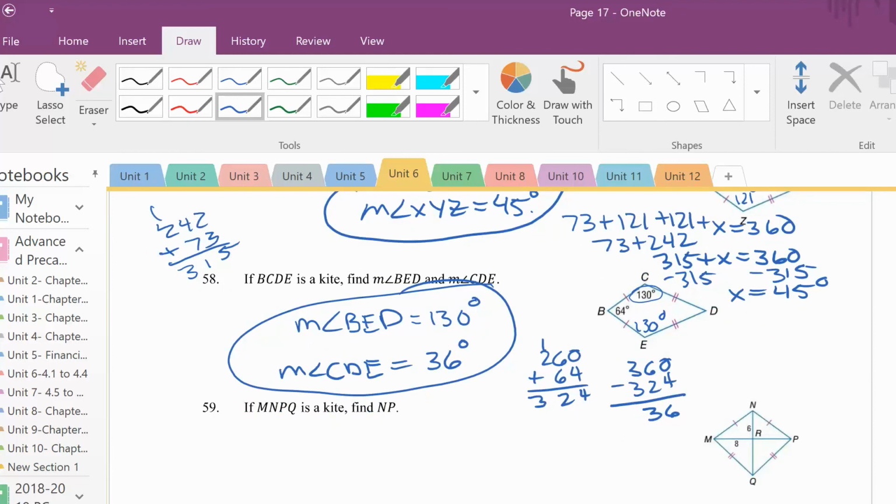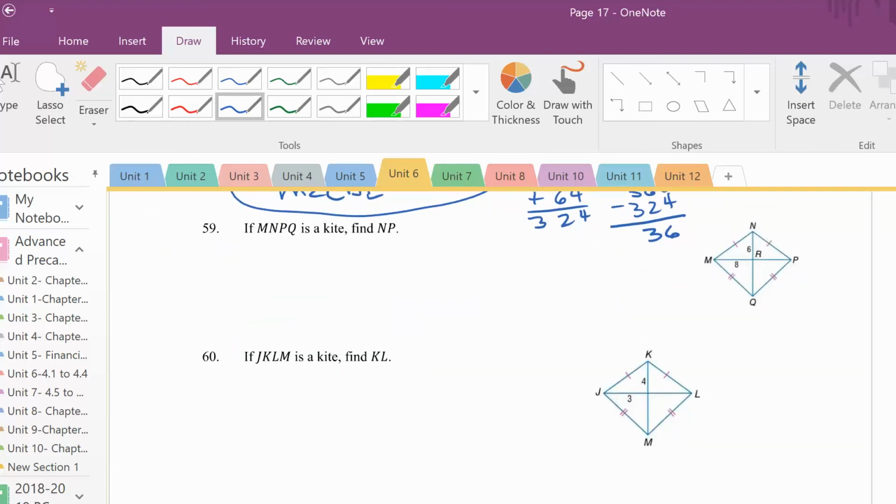All right. So MNPQ is a kite. Find NP. Well, remember the diagonals are perpendicular, so that gives you some right triangles here.